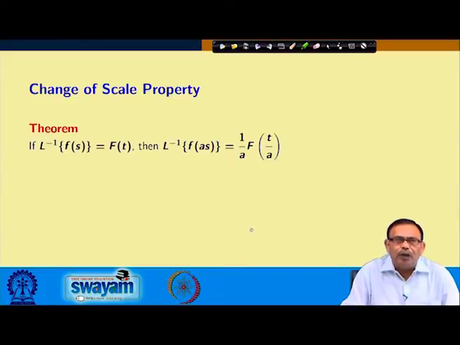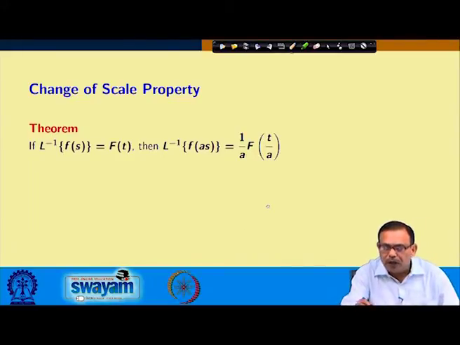That means whenever you multiply the parameter s by some scalar a, that is, s is replaced by a s, then the function will be 1 by a into f(t by a).